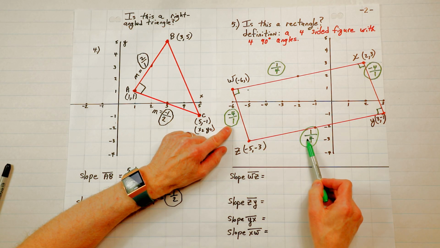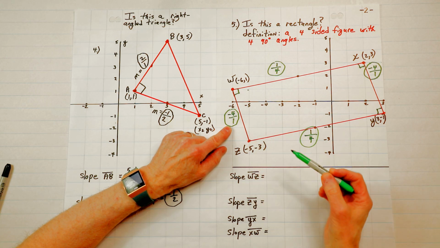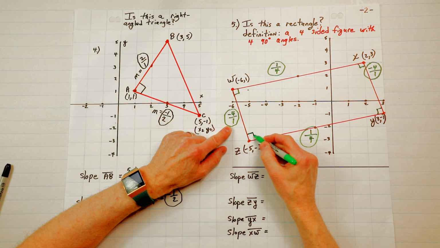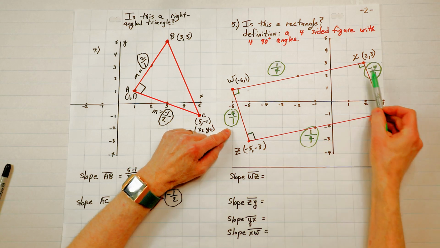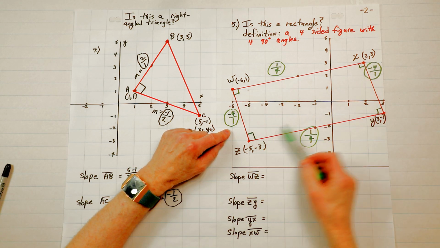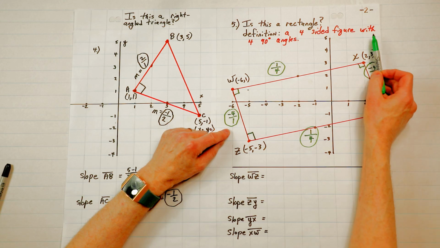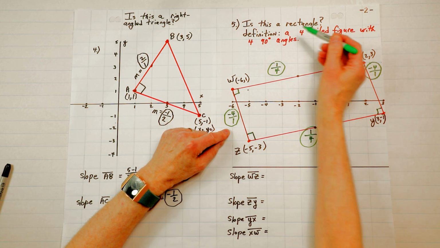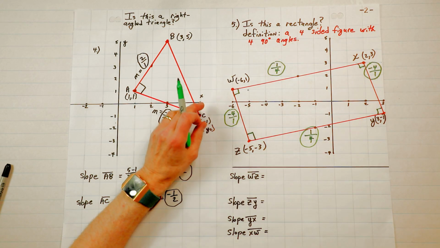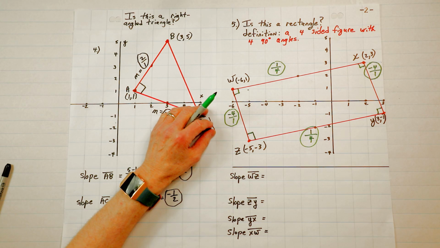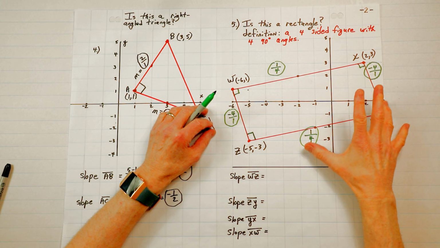They also are negative reciprocals of each other, therefore this is 90. If we have four 90-degree angles in a four-sided figure, we have a rectangle. Okay, so we showed that this is a rectangle.